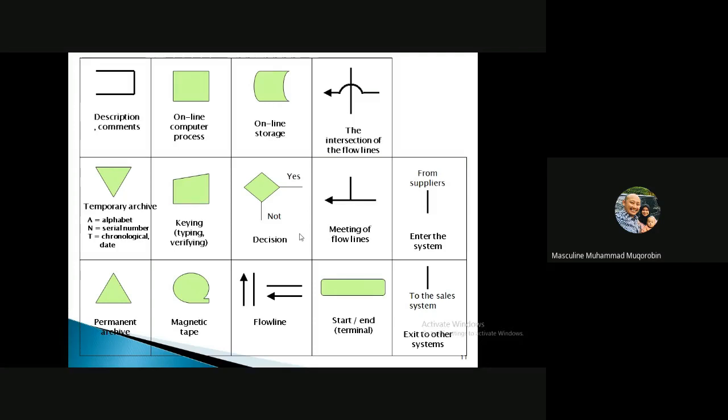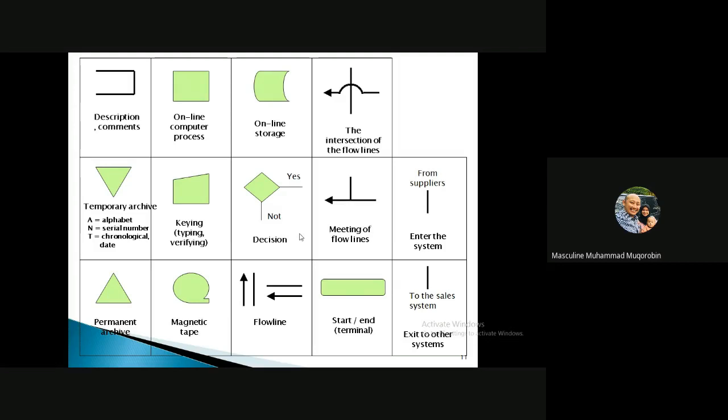The intersection of the flow lines represents that flow doesn't meet the same line. Temporary archive represents that file temporarily archived for the future use, arranged by alphabetical, serial number, or chronological order.